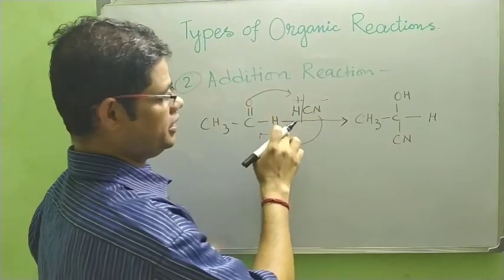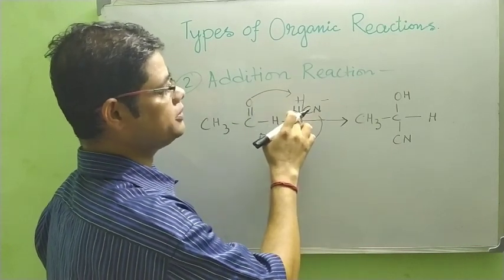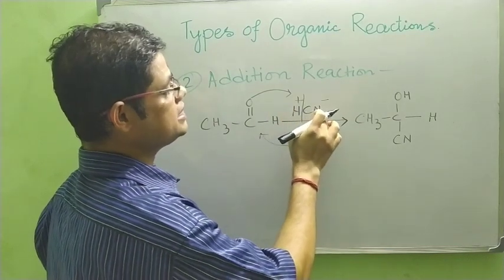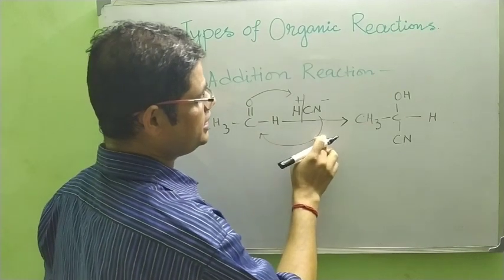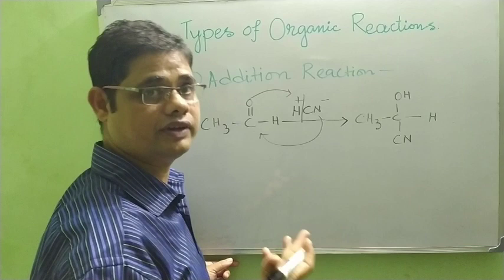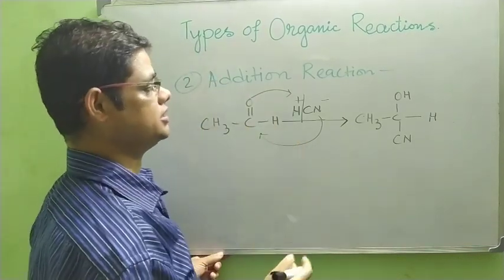cyanohydrin. Here in the first step oxygen gives electron to H plus and forms a bond. In the second step CN minus attacks this carbon. Here the second step is the rate determining step, or slow step, or difficult step. So it is a nucleophilic addition reaction.